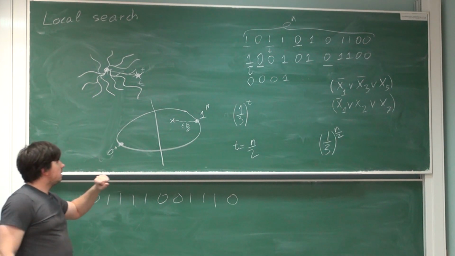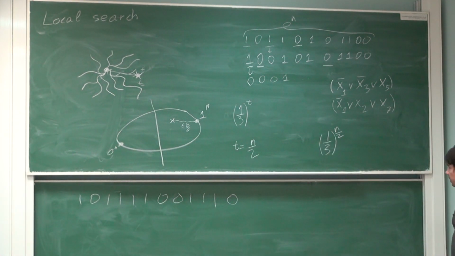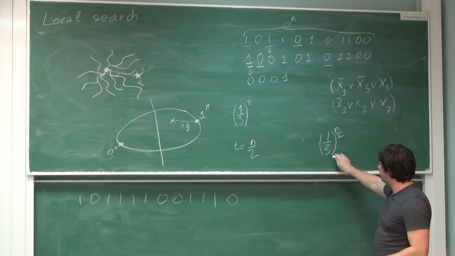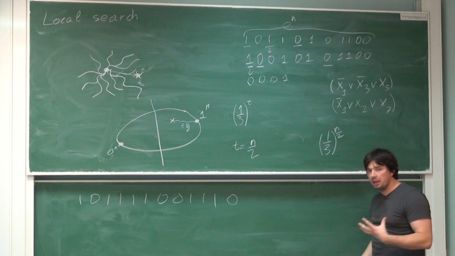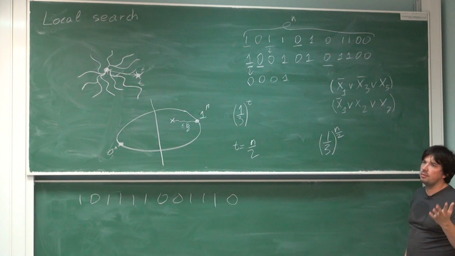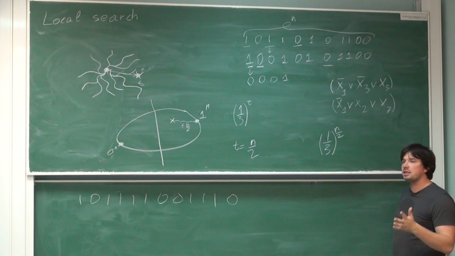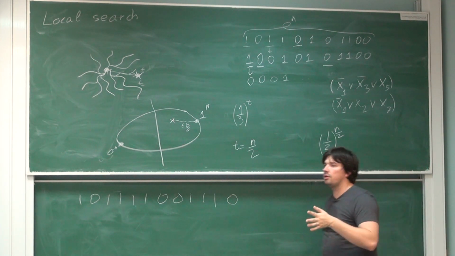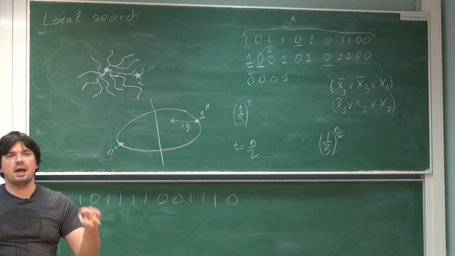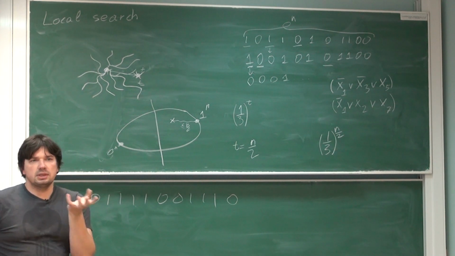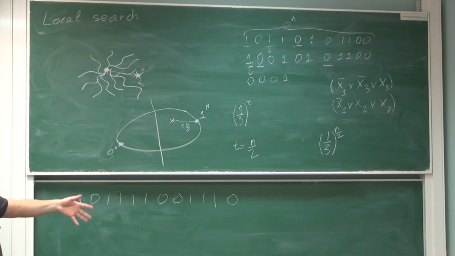Okay. So how many times do I have to repeat the algorithm if the chance of finding the correct answer is 1/3 to the n over 2? We've already seen, I haven't shown you the proof, but the main idea is that if something has probability p, then to know that the thing you're looking for actually exists with at least constant probability, you need to repeat the process 1 over p times.